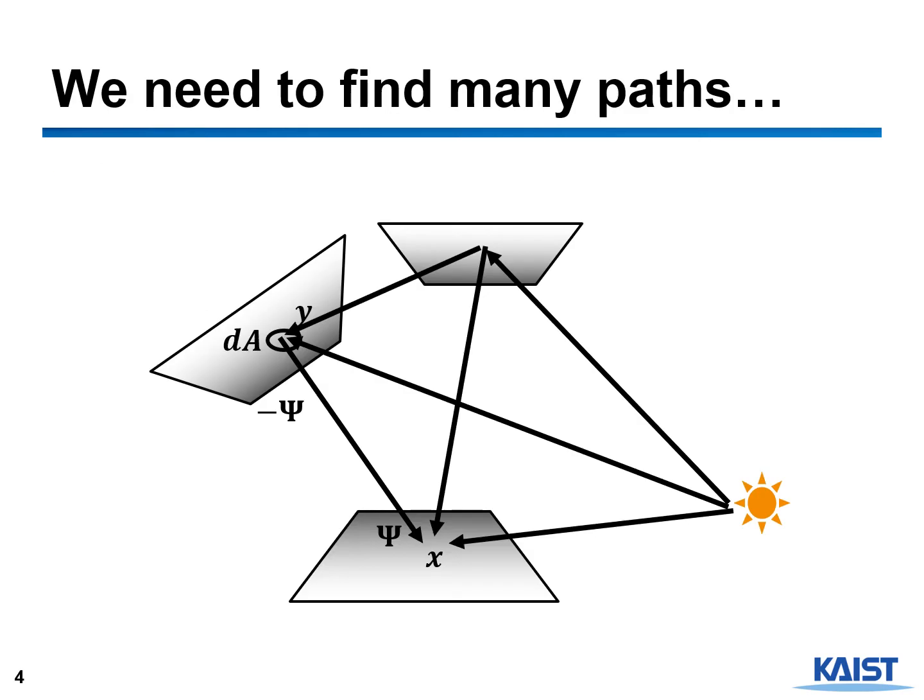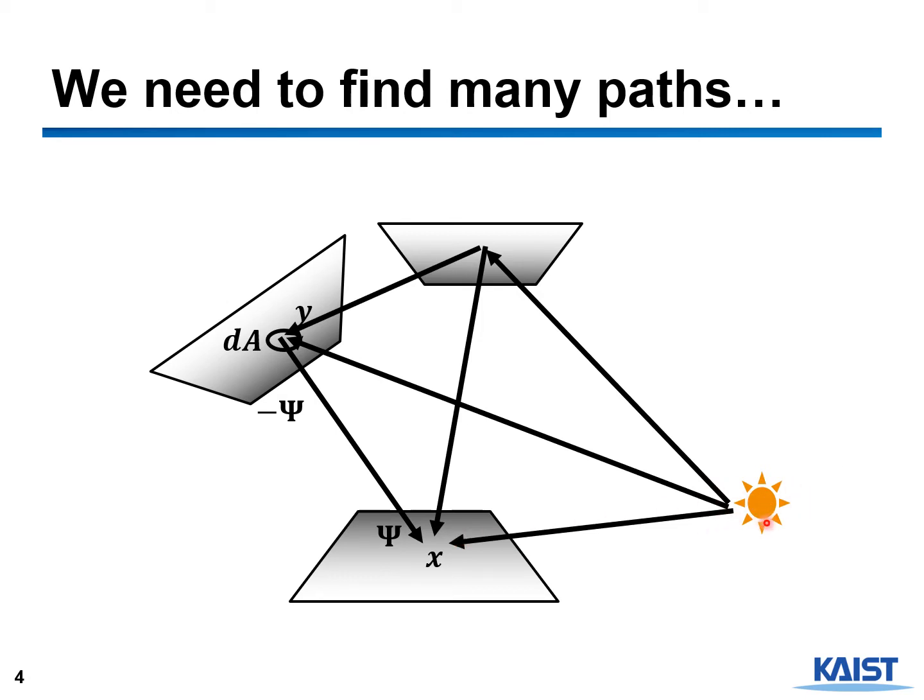The problem is that there are so many paths. Suppose that we want to compute the radiance value from the point x in that direction. Then there could be an infinite number of paths.